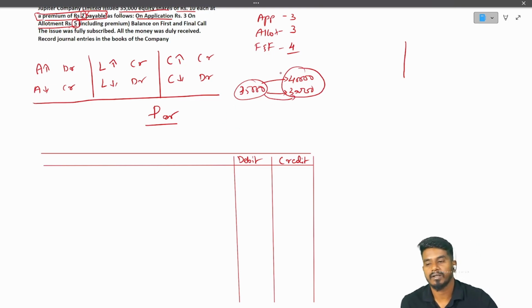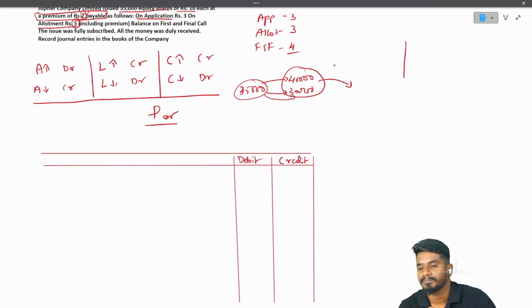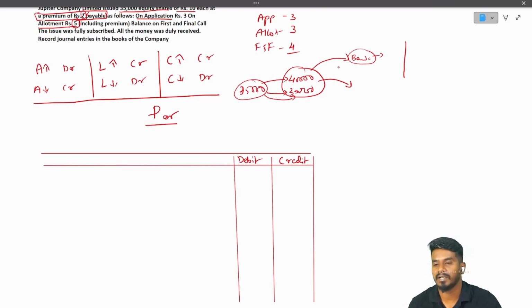Only after receiving the application money will the company know how many shares we need to allot, and for how many shares we have received money, correct?